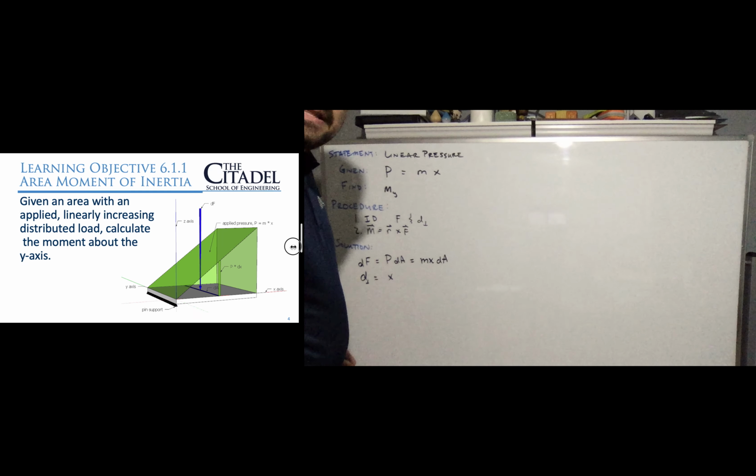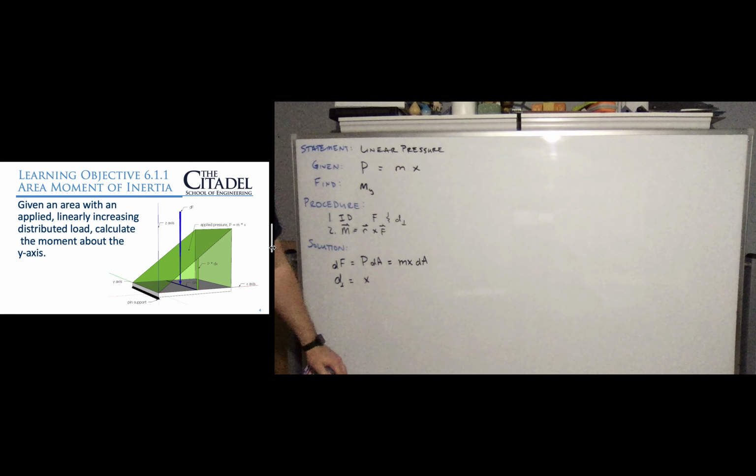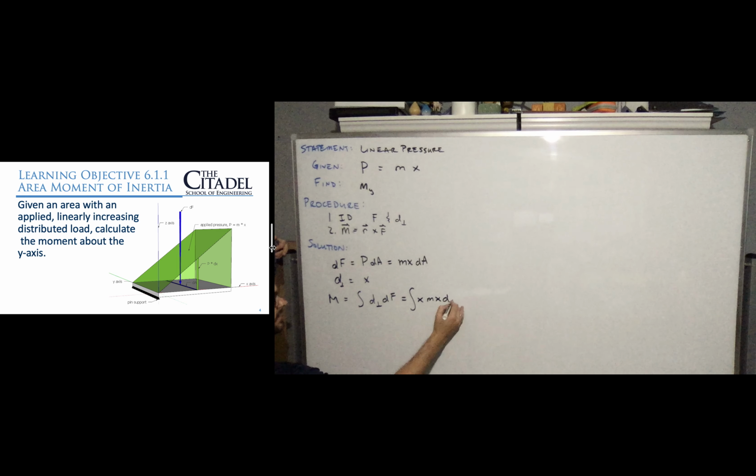So as I look at that, make my math a little bit bigger, I can calculate my moment as just the perpendicular distance times the differential force. So my moment is going to be equal to the integral of D perpendicular dF, which is equal to the integral of x times mx, where m is the slope, dA. We agree with this? I hope we do.